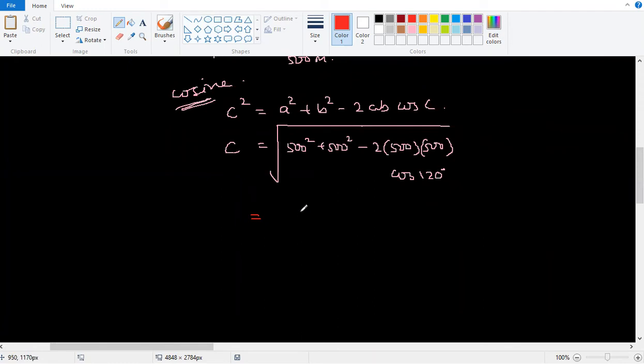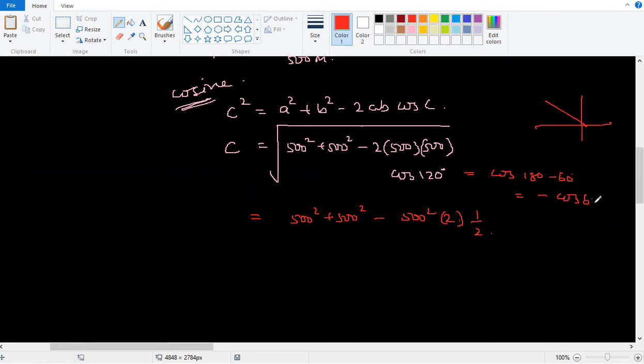So this is 500 squared minus, this will also become 500 squared, and then there is a 2 here, and then this cos will become 1 by 2. Why? Because cos of 180 minus 60 means it is second quadrant. In the second quadrant cos is negative, which means I'll be getting minus cos 60.